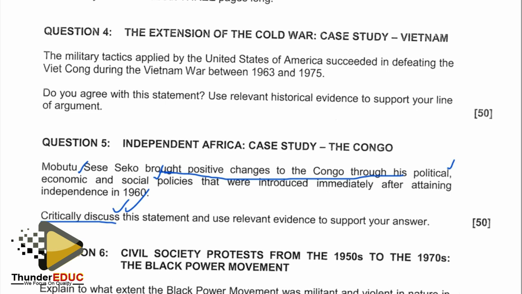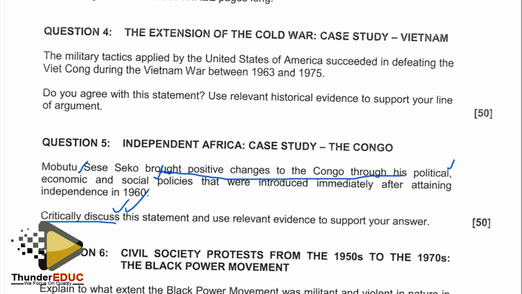You say Mobutu brought positive changes. Why are you saying that? You can give a generalized reason. What happened to the politics of Congo after he got into power? Or what happened to the economy? If people's lives drastically improved, that is a positive move.